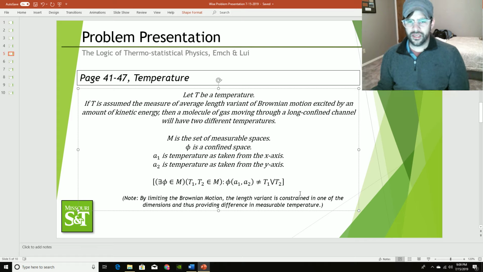without a confined space, your temperature 1 and temperature 2 are going to be exactly the same because the molecule is free to vibrate. But in a confined space, especially traveling through one, your molecule cannot vibrate enough because it's constrained. I made a little note down here: by limiting the Brownian motion, the length variate is constrained in one of the dimensions and is thus providing a difference in measurable temperature.